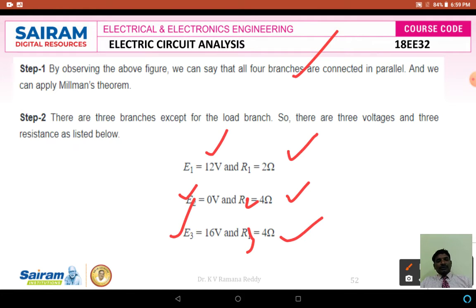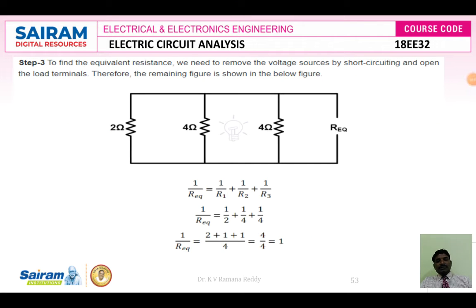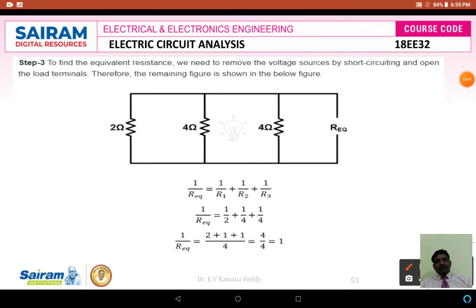So now our step is to substitute all this data in the problem. First of all, I am going to calculate the G values.